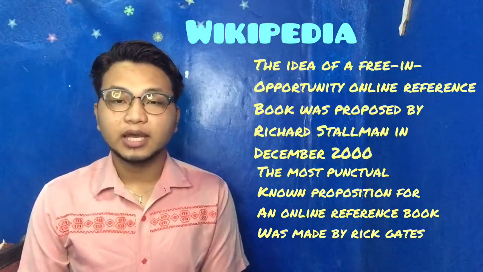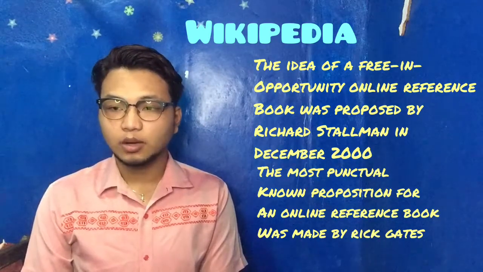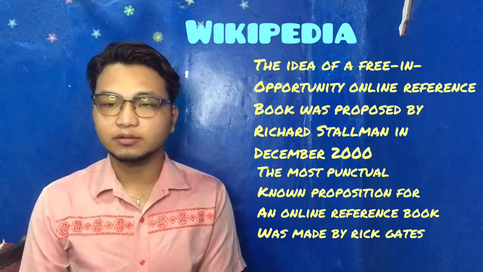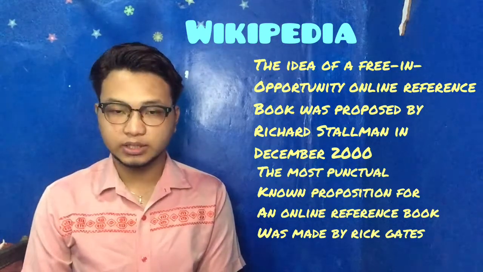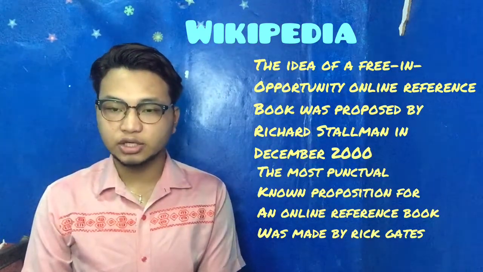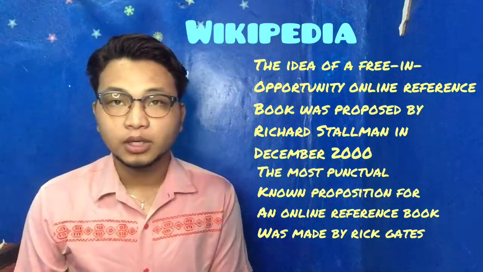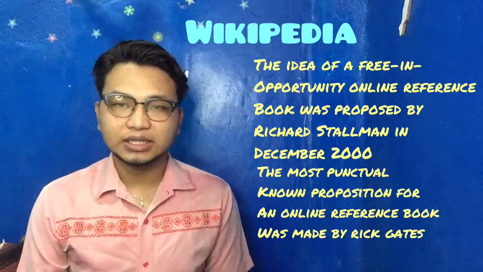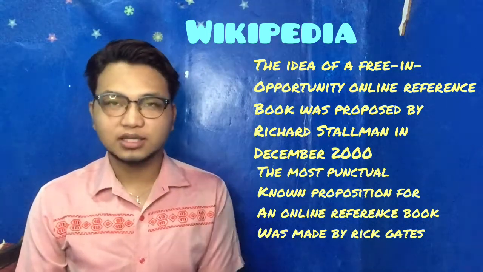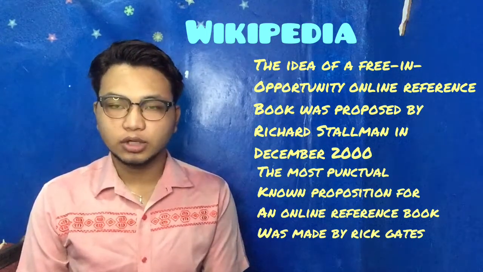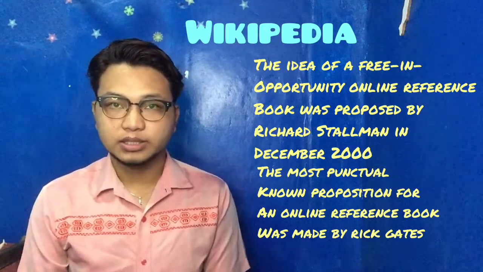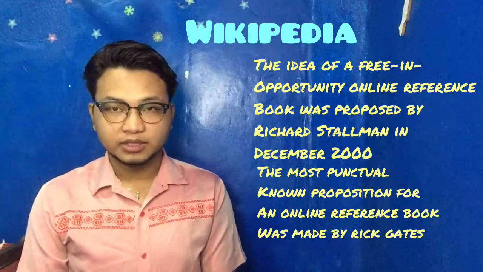However, the idea of a free online encyclopedia, as distinct from simply open sources, was proposed by Richard Stallman in December of 2000. So that is the basic or a short history of how Wikipedia was invented or started.